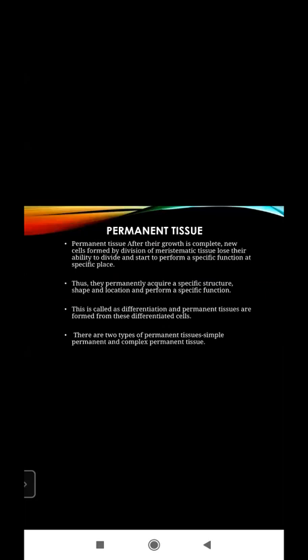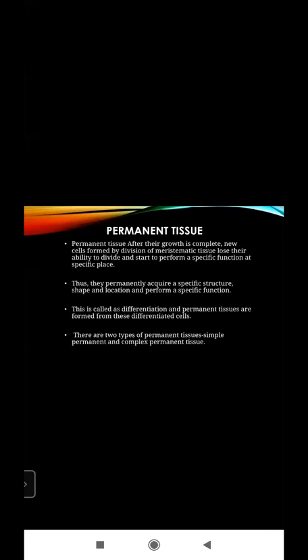Now, what are permanent tissues? The tissues that grow to a particular size, acquire a particular shape, and lose their ability to divide further, which stop dividing after attaining a particular size and shape, are known as permanent tissues.